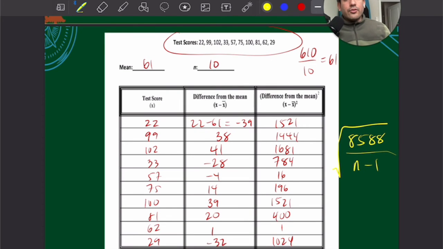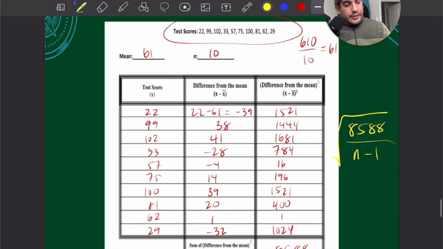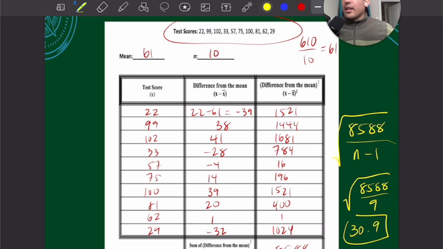And then at the very end, you take the square root. So this is going to be the square root of 8,588 divided by 9, because remember there were 10, so n minus 1 is 9. I take the square root all together, and I get 30.9. That is my standard deviation.